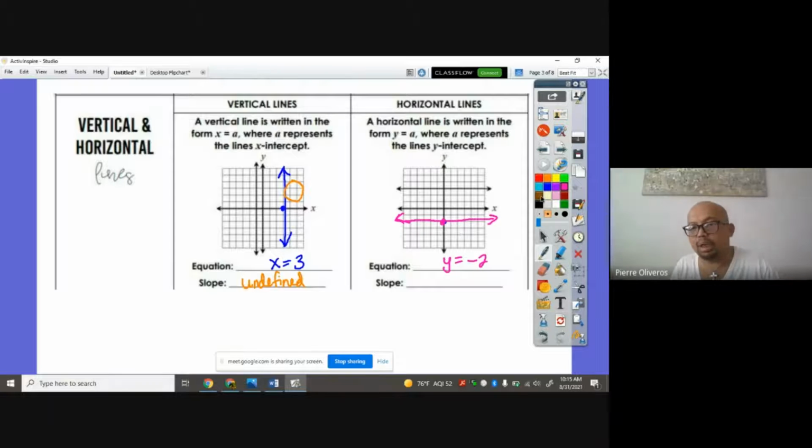And the slope here, if you put Mr. O's head here, will it crack? No, but what you see there is 0. So again, if you have a vertical line, the slope is undefined. If the slope is 0, that will be a horizontal line. Vertical, undefined; horizontal, 0. There you go. And the way you write the equation is x equal to a number, it will be a vertical line. y equal to a number is going to be a horizontal line.